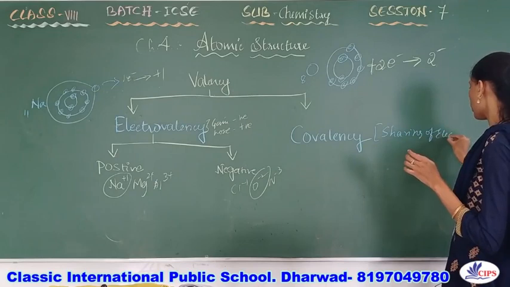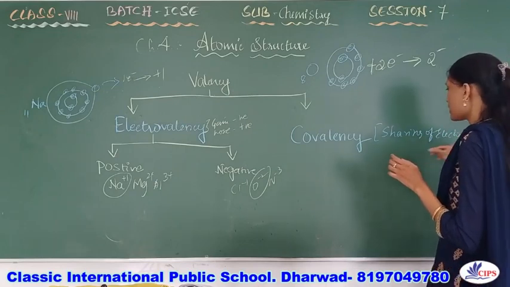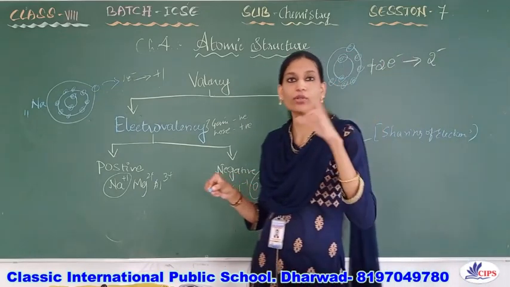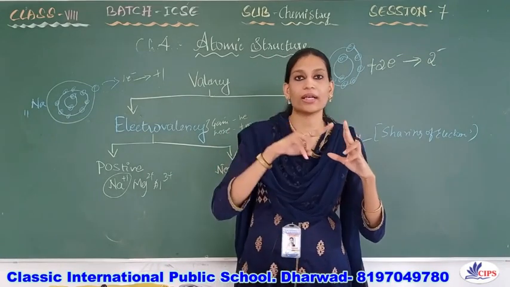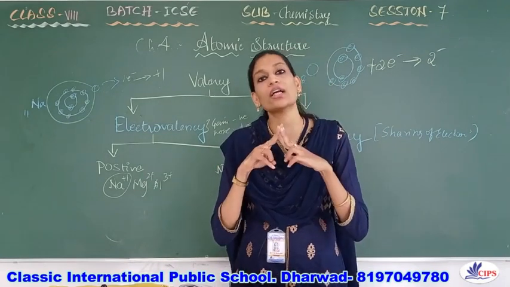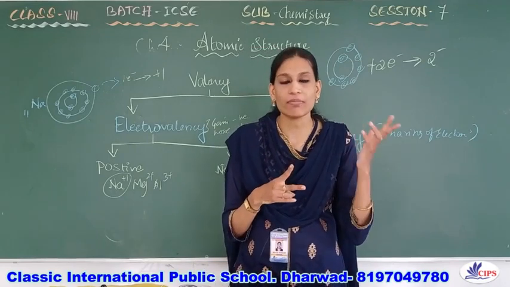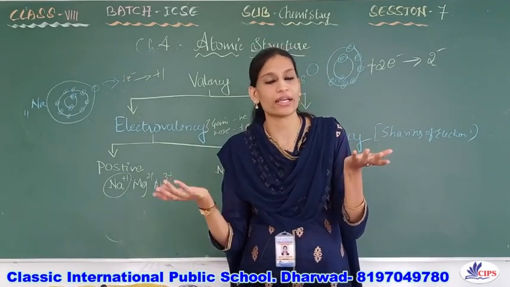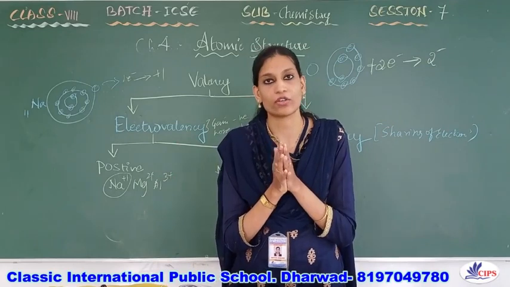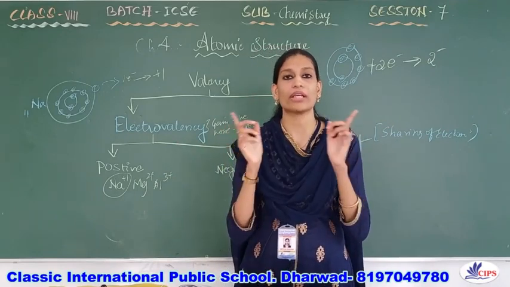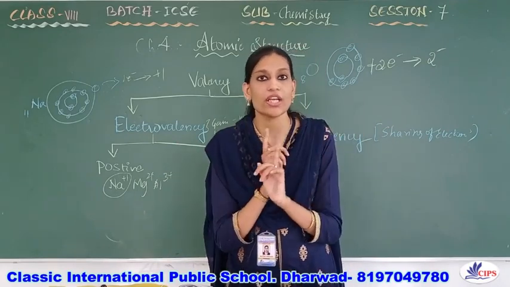If an atom has shared 2 electrons, in return another atom will also share 2 electrons. That is what we call covalency. If an atom has shared 1 electron, another atom will also share 1 electron. That is sharing. Equal number of electrons will be shared.